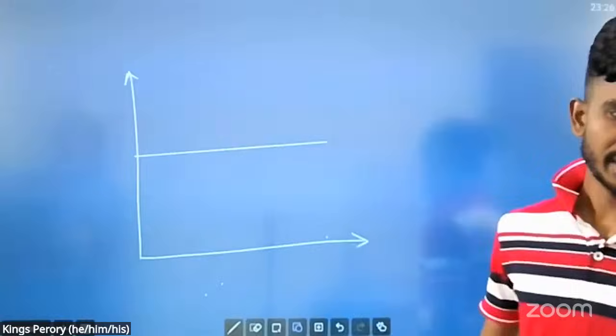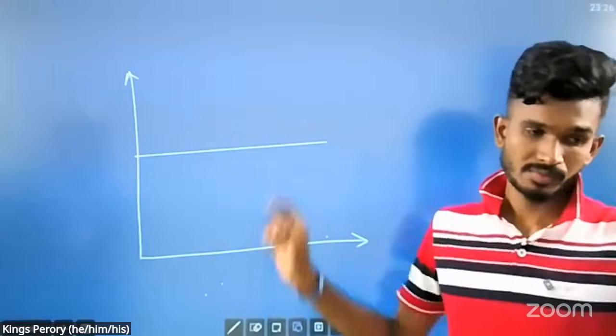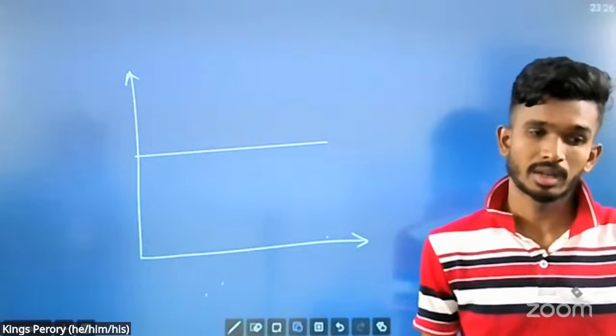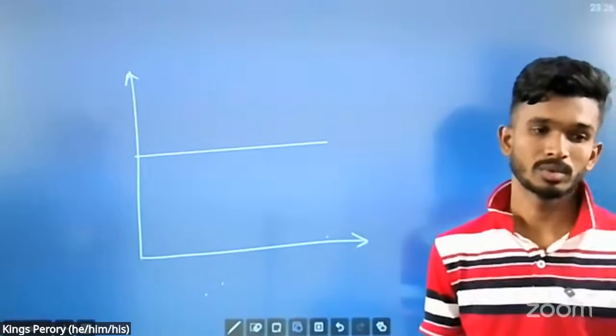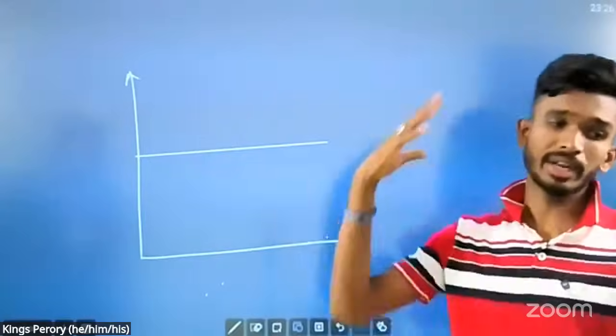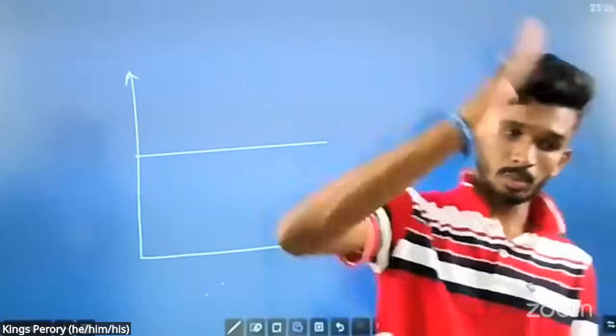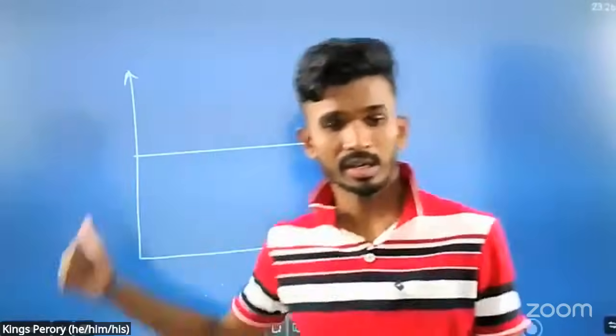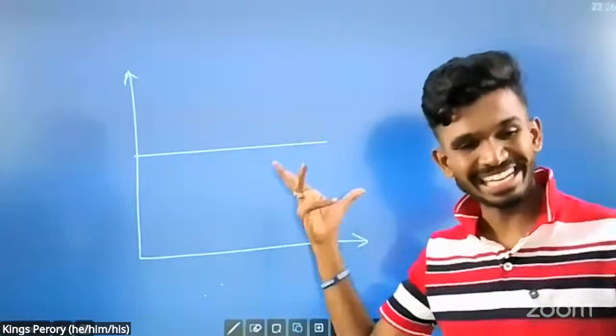Is there a gradient? Tell me the gradient of this graph. Gradient is 0. Slope is not there. If slope is high, gradient is high. If slope is not there, gradient is 0.